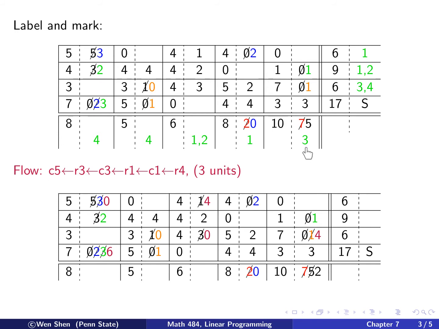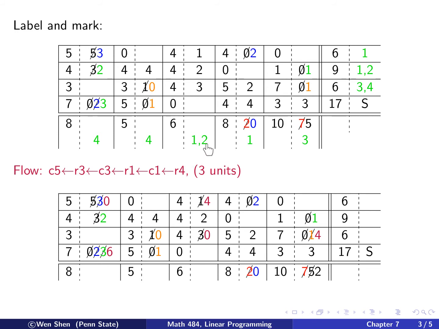Eventually we want to put things in column 5, so C5. Where could it come from? Well, there is a 3 here, so this will come from R3. Now let's go to R3. That is 3 and the 4. And let's pick a C3. Once C3 is picked as column 3, we look at column 3.